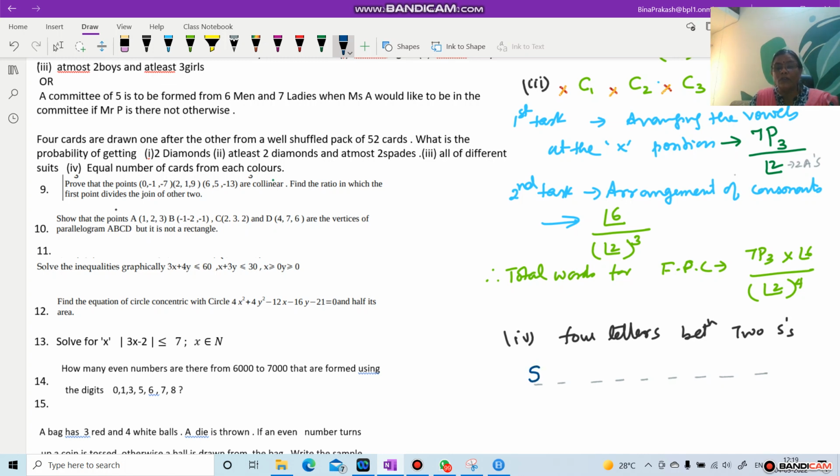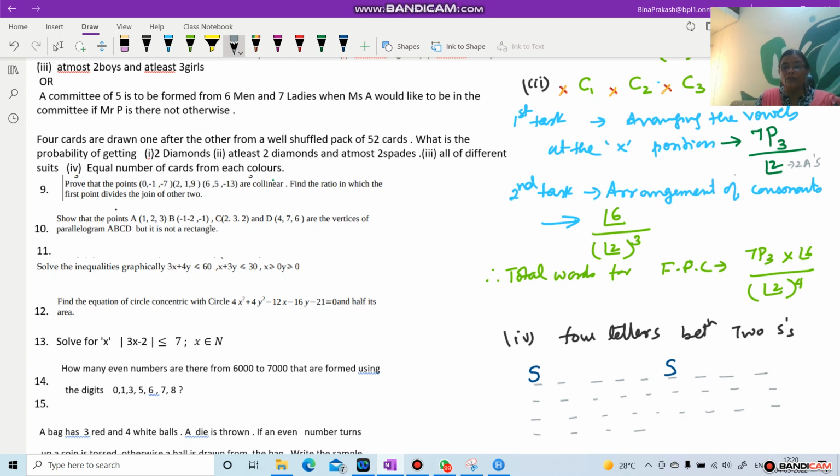That means we'll have to keep a space of 4 blanks between the two S. Now the S can be kept at the first position. If S is kept at the first position, the second S will be kept at the 6th position, because 4 elements are there first and then this will be the 6th position.